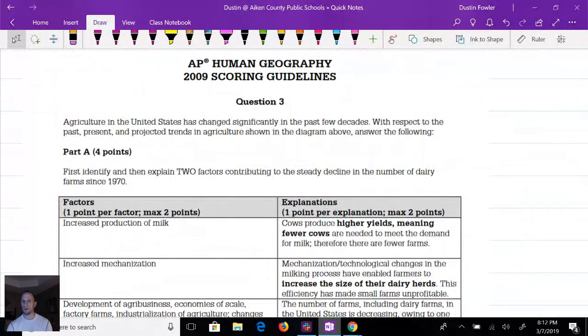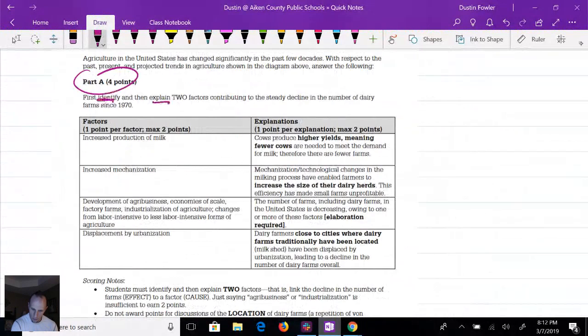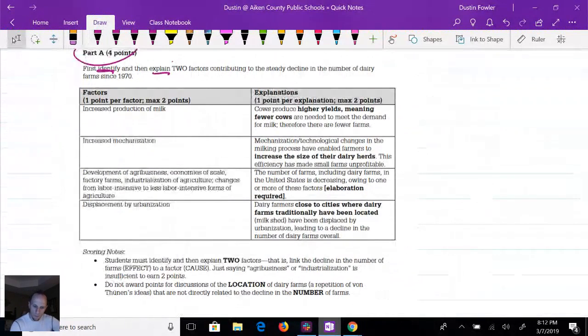So everyone who scored question 3 looked at this exact rubric while they were scoring the responses. So for part A, I'm going to shrink that down just a little bit. For part A, okay, identify and then explain, identify and then explain, all right, the 2 factors contributing to the decline. So on the rubric, it says one of those factors could be an increase.